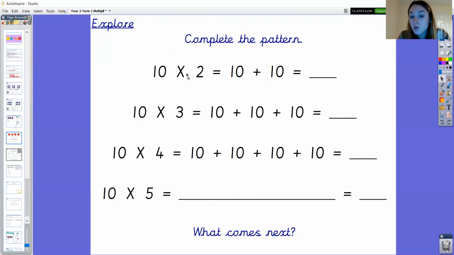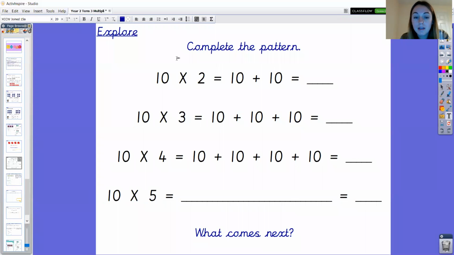And when we talk about multiplication, sometimes the total is called the product, okay, which is again another fancy word. So 10 lots of 2 has the same product as 2 lots of 10, okay?